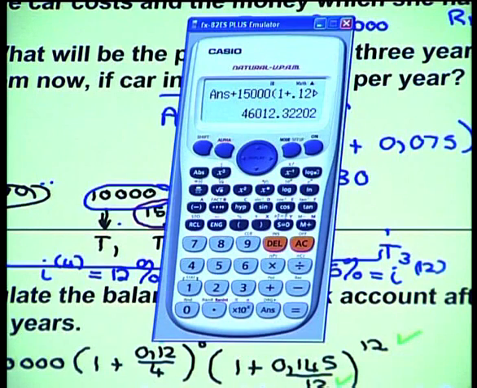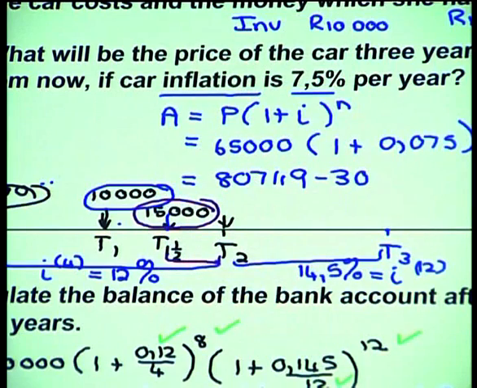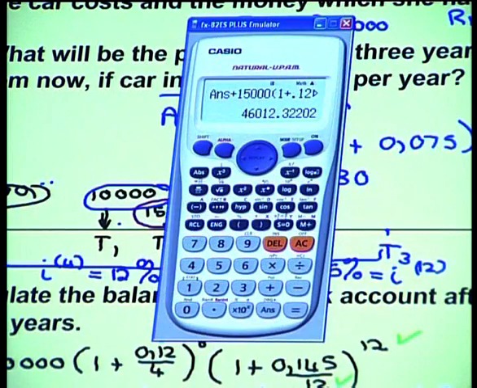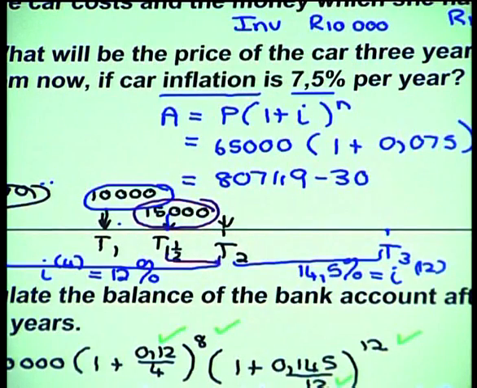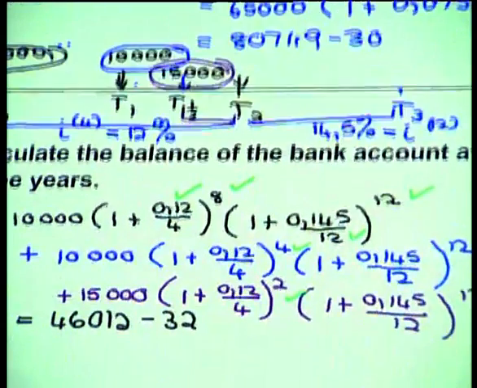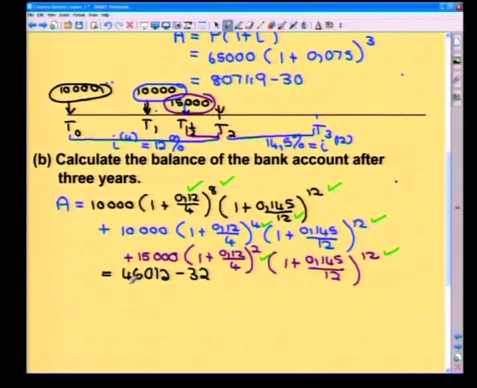And that's what I end up with. So we end up with her having 46,012 Rand, and 32 cents. All right, wonderful. So we can see that's how much she's got in her savings account. She hasn't done badly, but it's not going to be enough for her car.